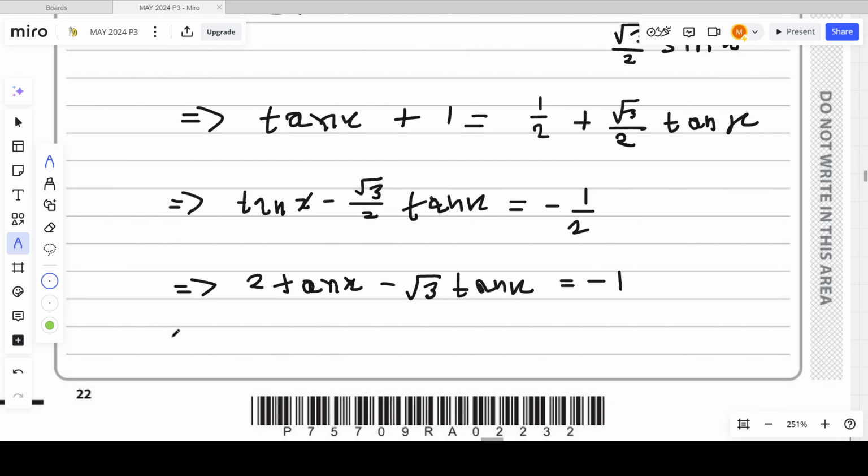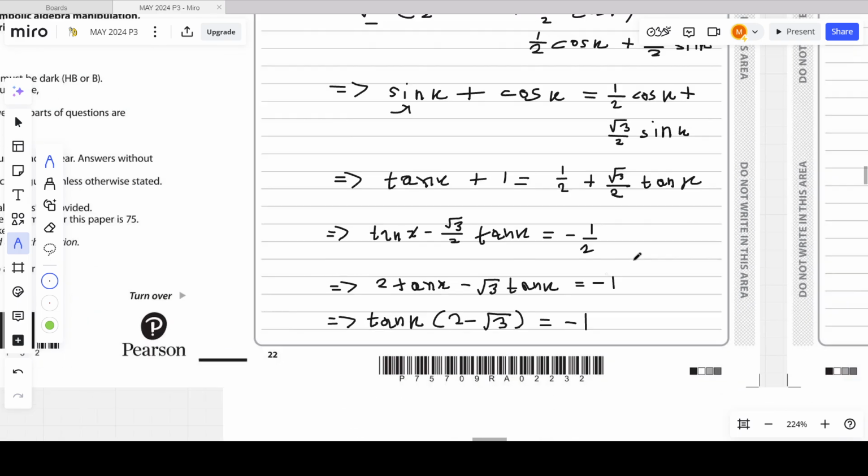Take tan x common: tan x times (2 minus square root of 3) equals negative 1.